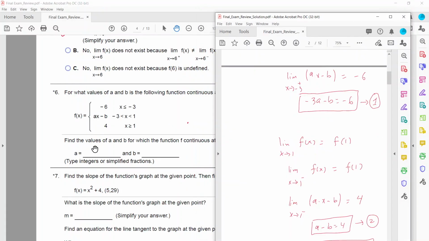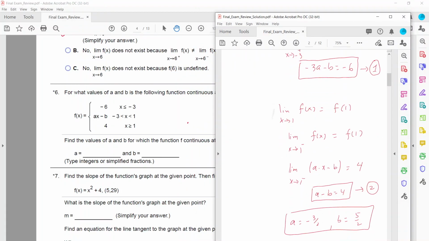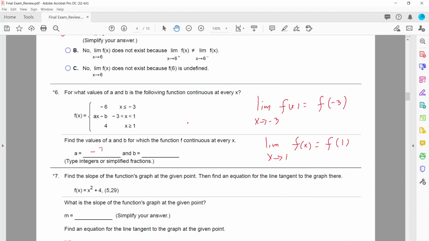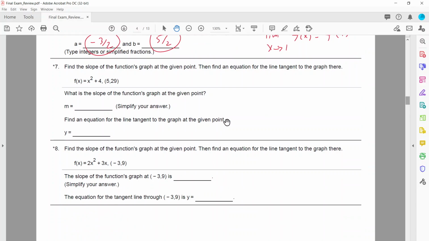Okay, so just plug those values here: a equal -3 over 2 and b equal 5 over 2. By choosing these values, we can make this function continuous at every single point. And remember, whenever you try to answer this kind of question, you just focus on the boundary points like -3 and +1.